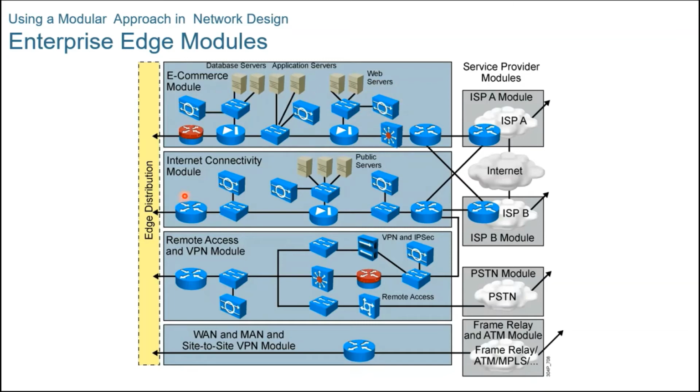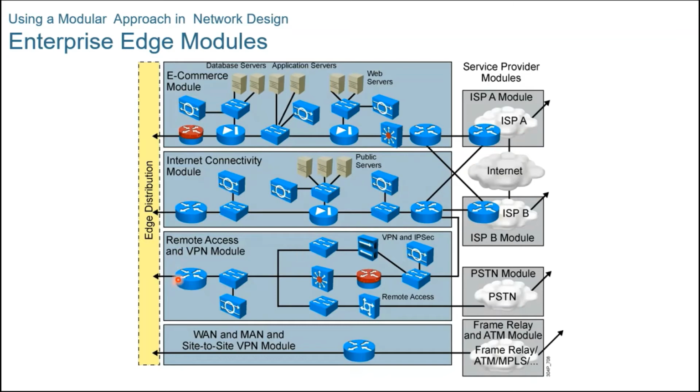You also have the internet connectivity module. The internet connectivity module provides enterprise users with internet access. That is where your ISP is, and you should have at least 2 ISPs connecting to your internet connectivity module, to provide redundancy if one of the ISPs accidentally goes down.